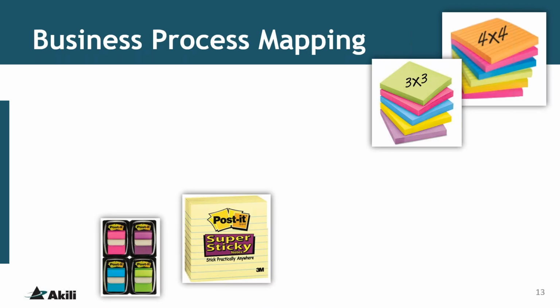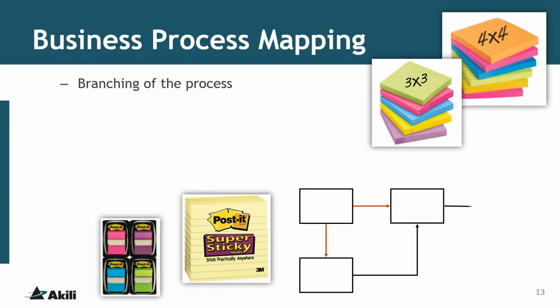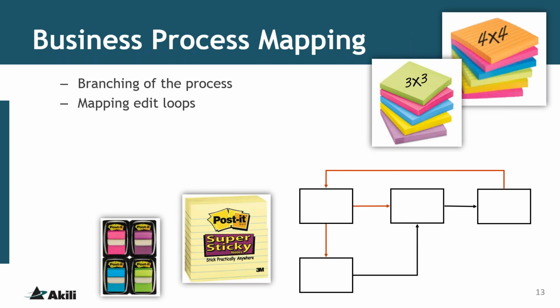And we also use a variety of other smaller size Post-it notes, either 3 by 3 or 4 by 4, for mapping out things like, for example, branching in the process and annotating edit loops. We also need to identify delays in the process where the workflow comes to a halt pending some event that gets it all going again.